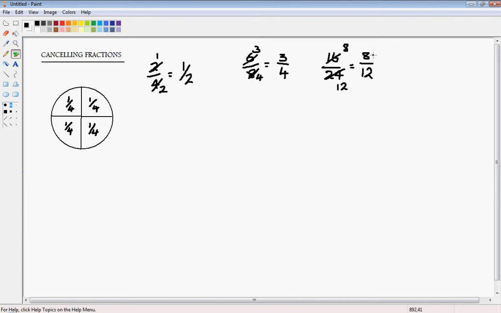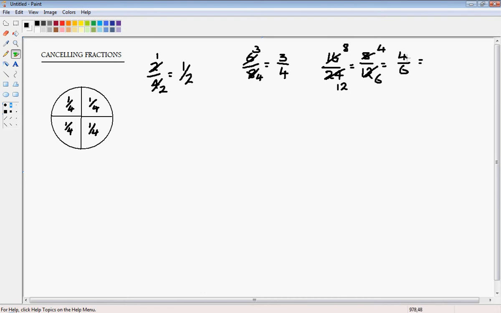Now I know that 4 goes into 8, I know that 4 goes into 12. But supposing you can't see that, well, both numbers are even, so they can both be divided by 2. So 2's into 8 goes 4, and 2's into 12 goes 6. So I'm left with 4/6.